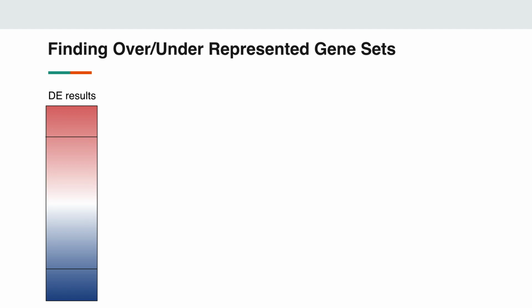So let's say, for example, that we did choose the gene ontology database, and we want to evaluate if there are any pathways that are over or underrepresented in a particular gene set of our interest.